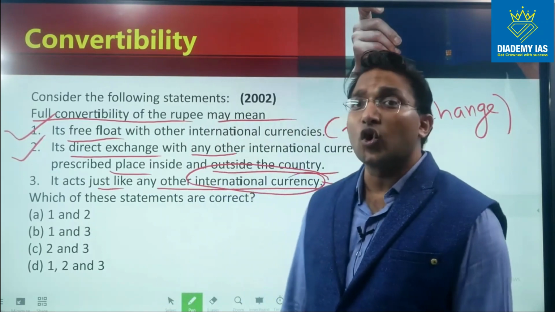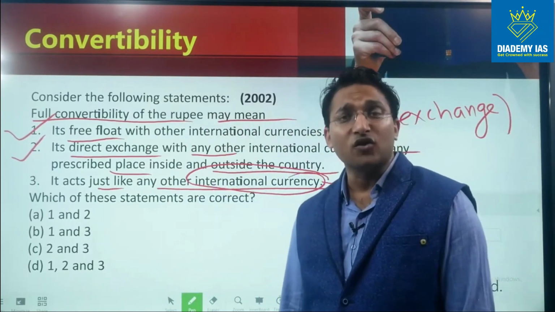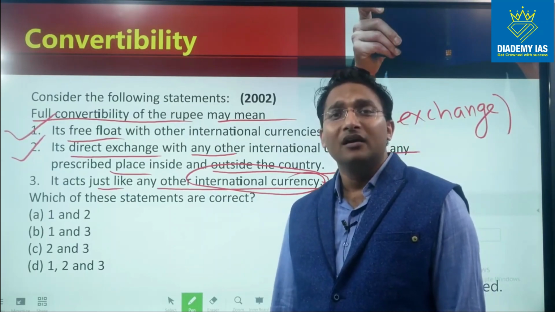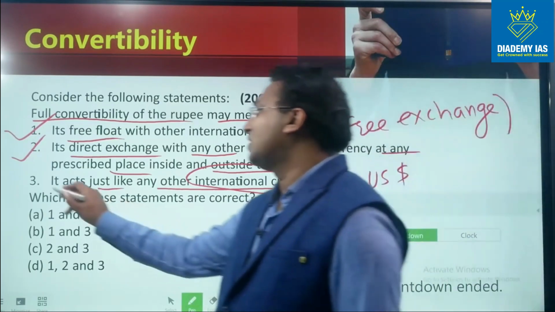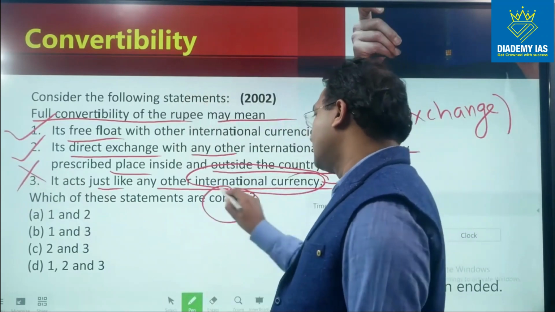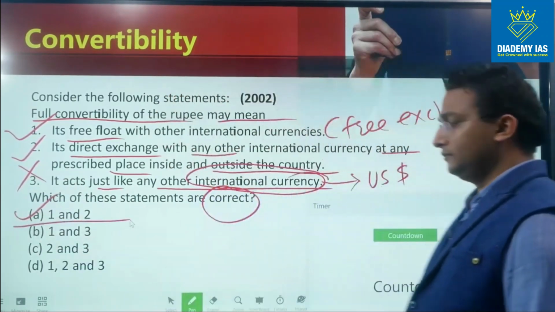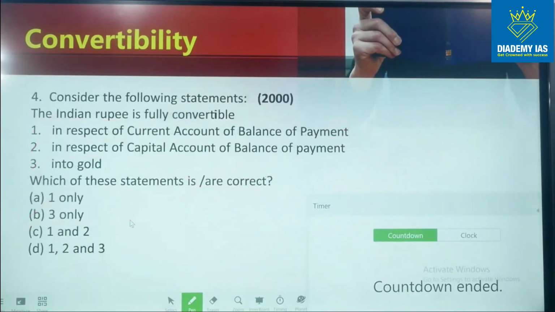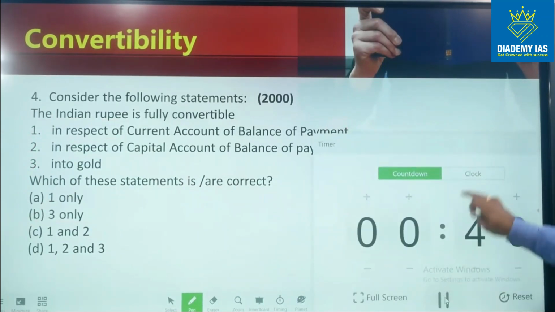Full convertibility does not mean that the Indian rupee can be easily accepted, or that world trade will be denominated in Indian rupees, right? So statement 3 is wrong. Which of these statements are correct? So the answer is option A, 1 and 2. Next question. Again you have 40 seconds and your time starts now.